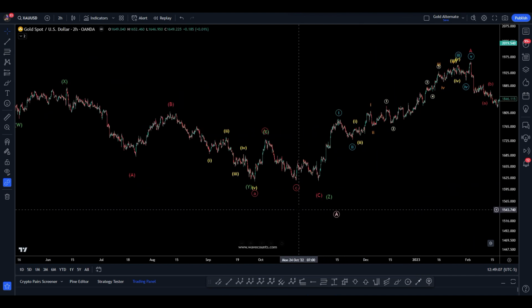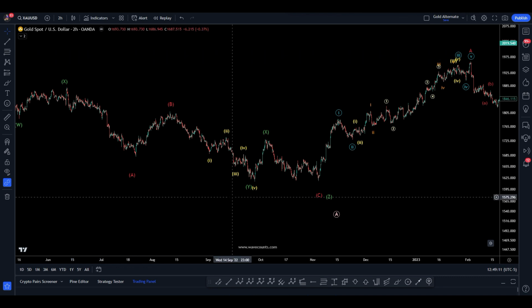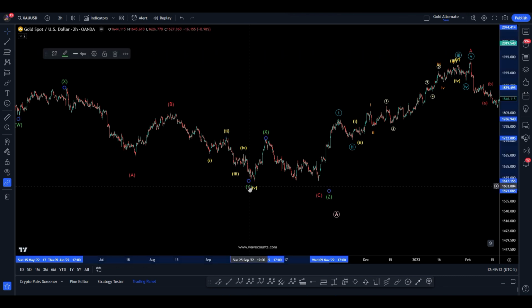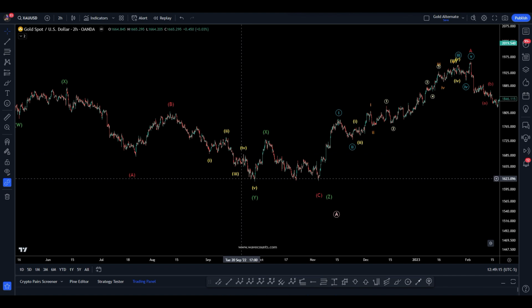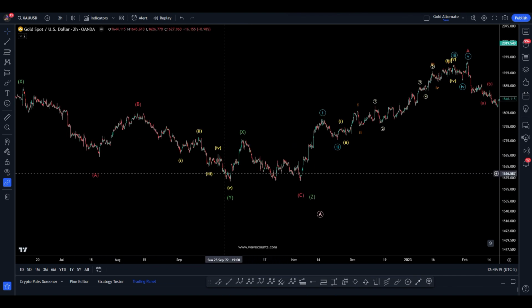I don't know why some of these are leftover labels here. Hold on, let me get rid of those. Anyway, so zigzag X, zigzag X. It has to be another zigzag, right?